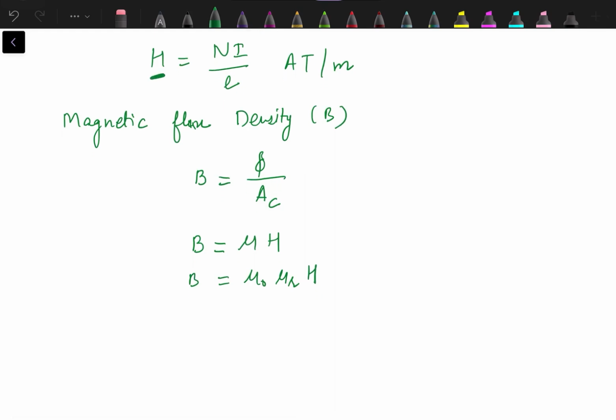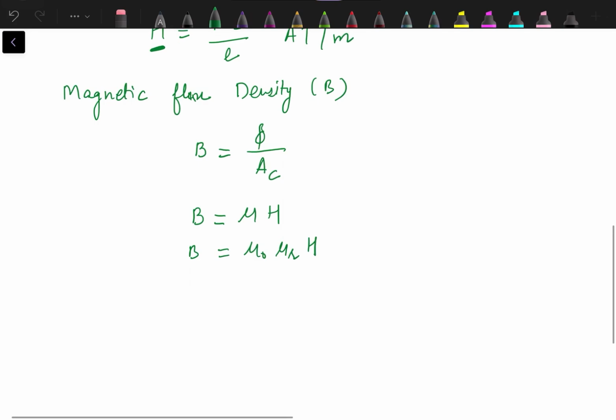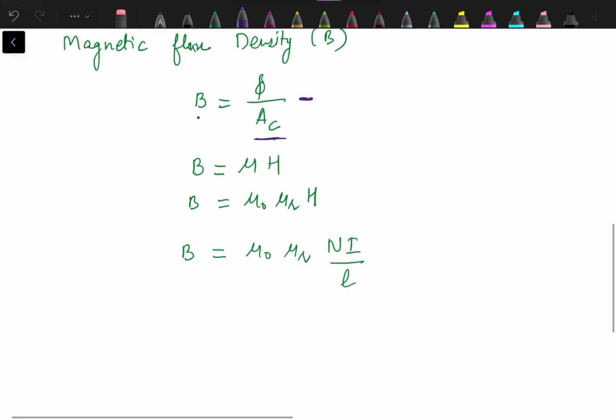Now we have the value of H as Ni upon L. So B is equal to mu naught mu r Ni by L. Also B is equal to phi upon AC.